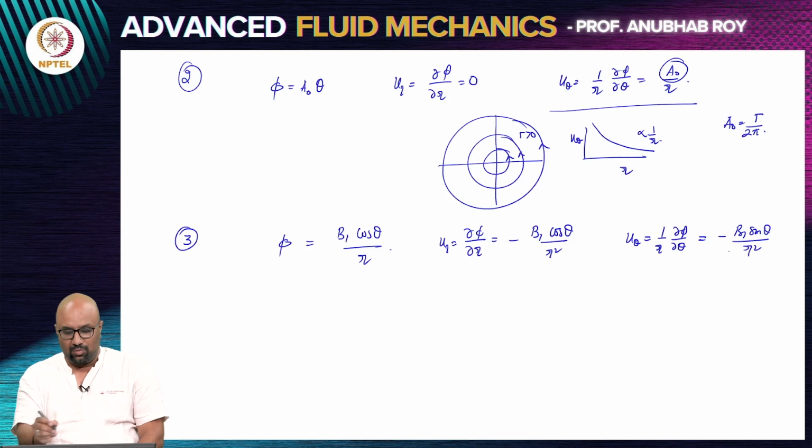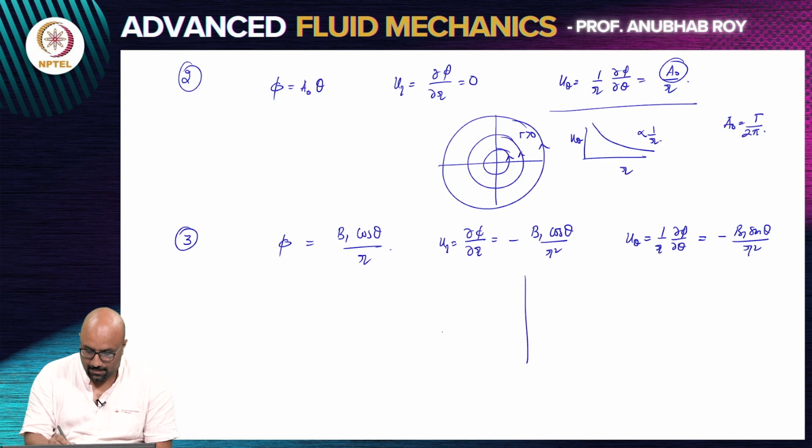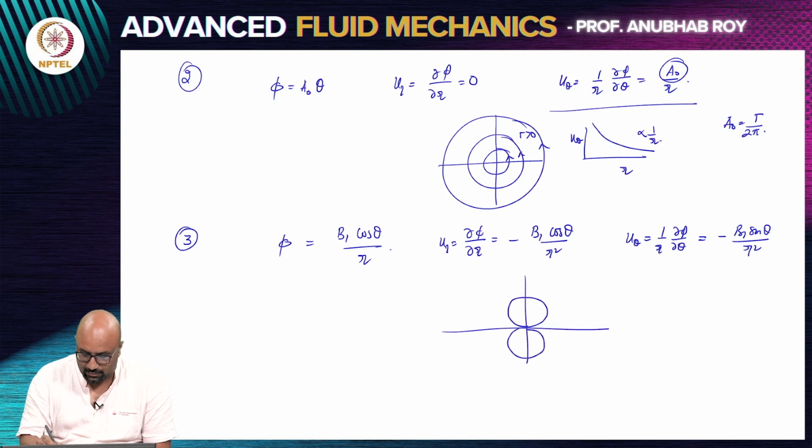What should the velocity profile look like? I have a radial velocity, I also have an azimuthal velocity. Both u r and u theta are present. Both decay off to 0 as r goes to infinity. But what would it look like? If you plot this, it will have a form which looks something like this.